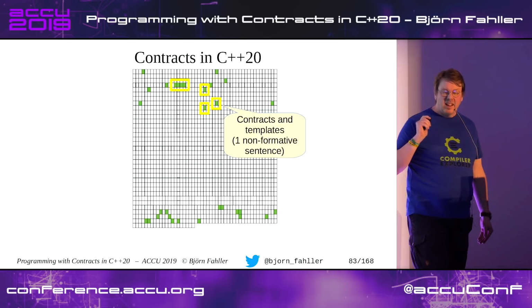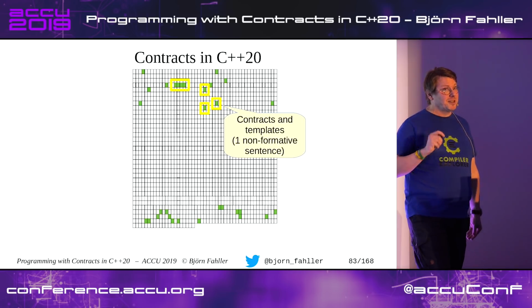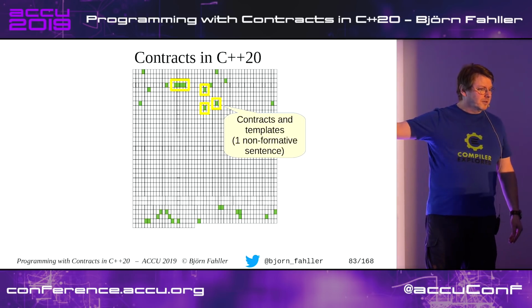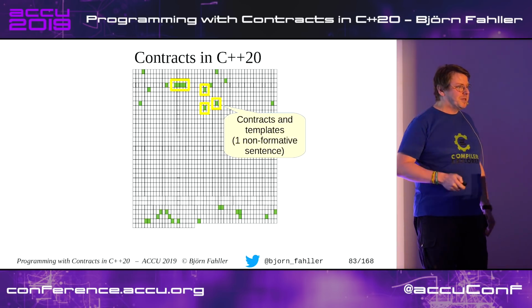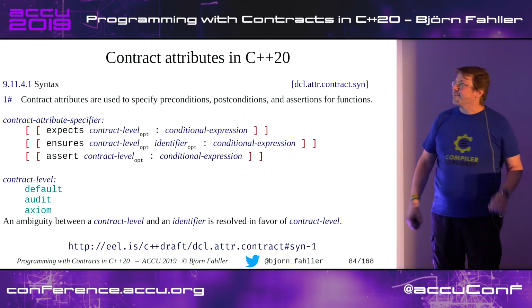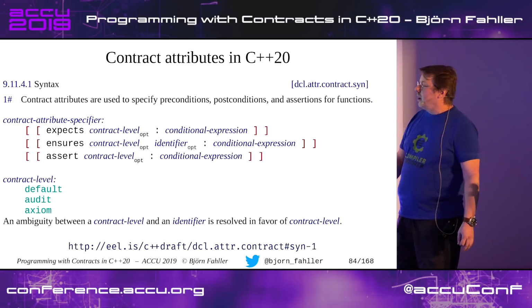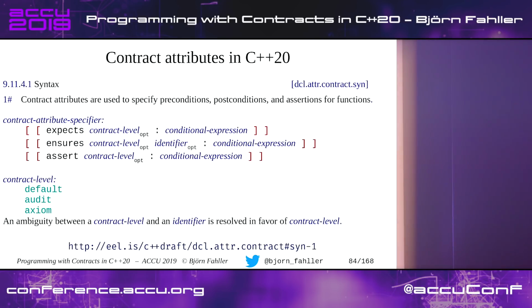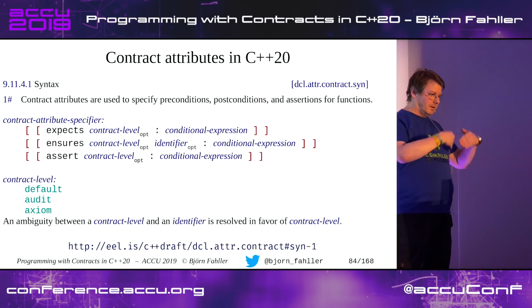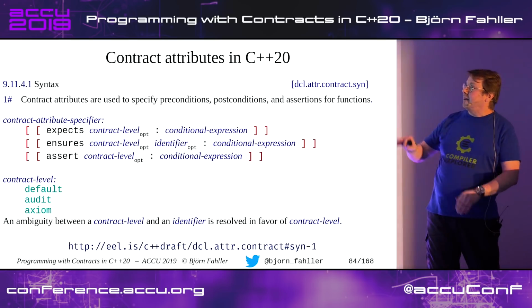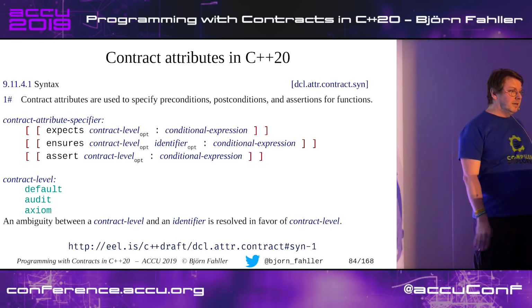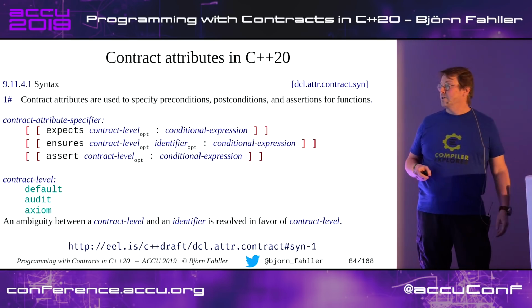So, the draft standard is actually a little bit longer now, but I couldn't be bothered to redraw the image. I don't think it has changed substantially. So this is what it says. By the way, these URLs here, they go to the draft standard on a web page, and they give you exactly that clause in the draft.